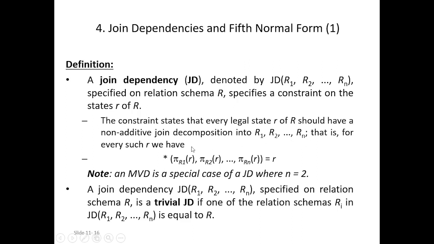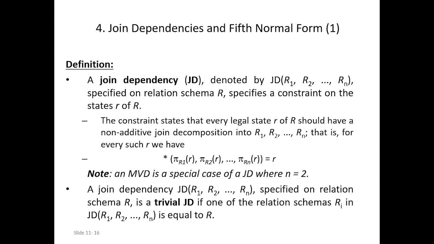That is, for every such r, the natural join of pi R1 of r, pi R2 of r, etc., pi Rn of r should give you the same r. Okay, so we are decomposing this relation R into R1, R2, etc., Rn.